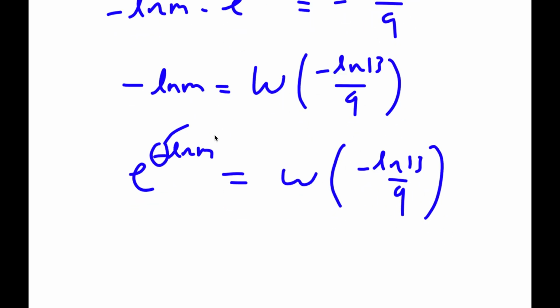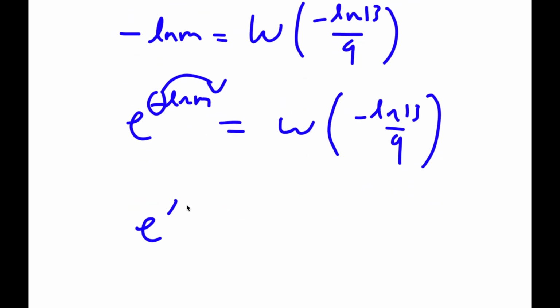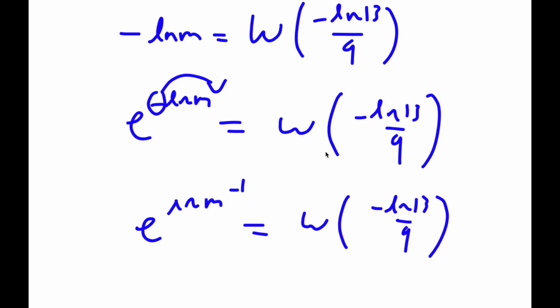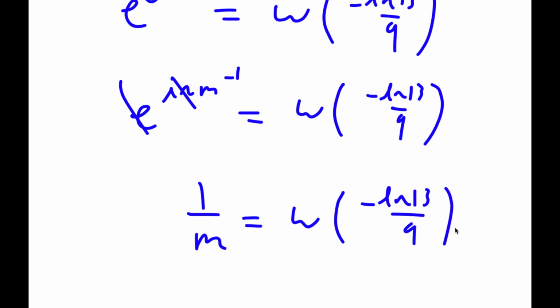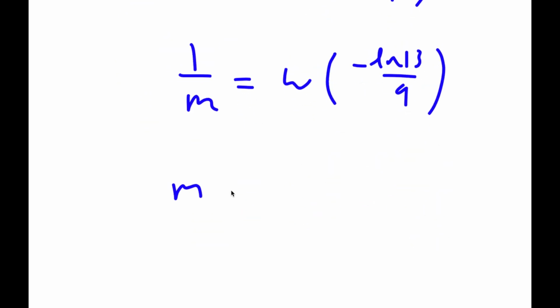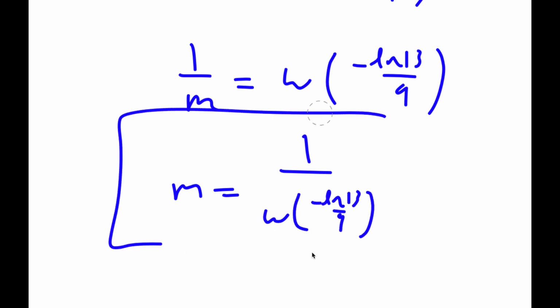Now I can move this negative to the front. So now I have e to the power of ln m to the power of -1 is equal to W of negative ln 13 over 9. And now these two cancel out. So now I have 1 over m is equal to W of negative ln 13 over 9, meaning m is equal to 1 over W of negative ln 13 over 9. So this is my answer.